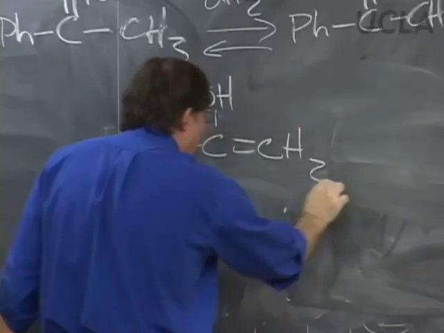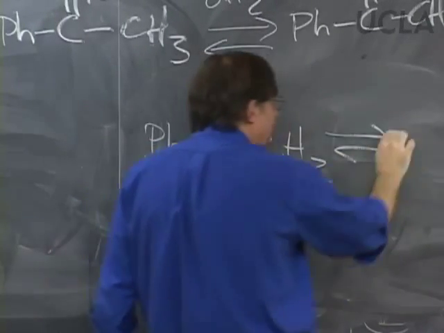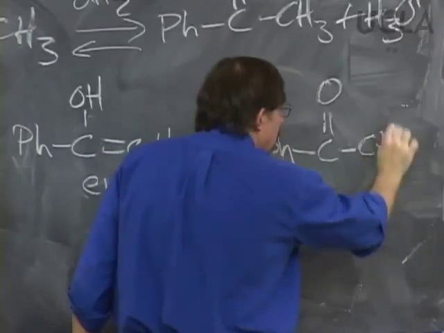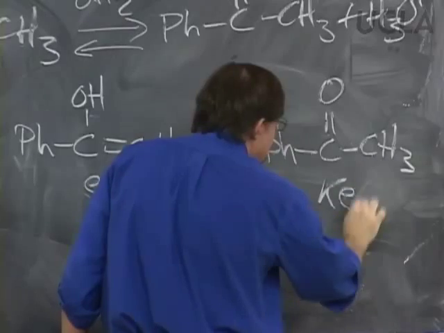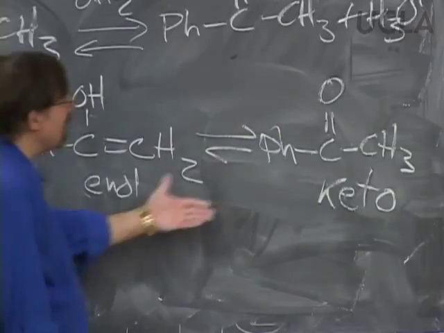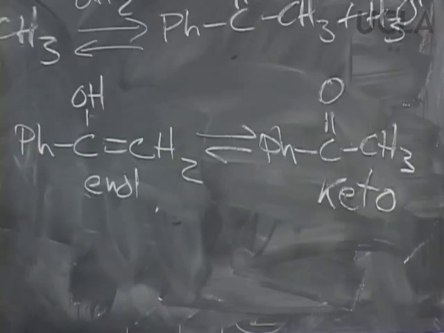between this guy, which is the enol, and its isomer, which is called the keto form. This happens to be a keto, but it's not called keto because it has a ketone, but rather simply because it has a carbonyl in it.